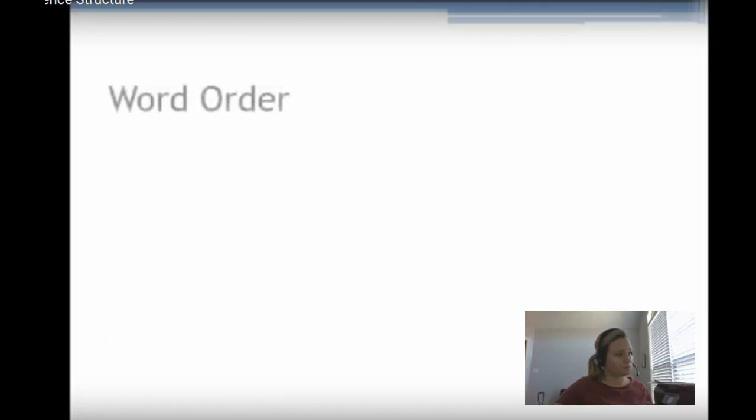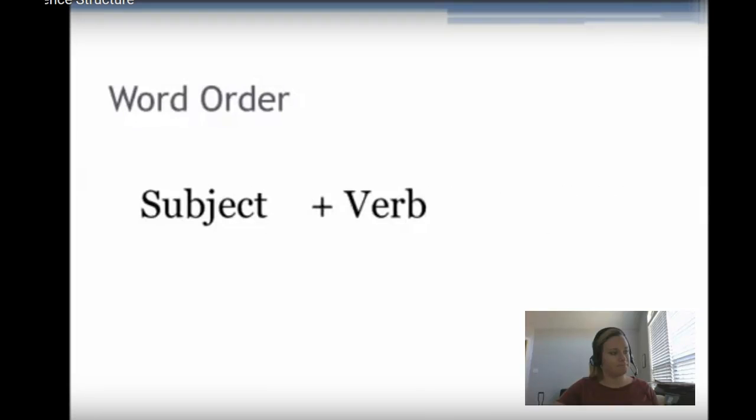In English, word order is very important. The word order is subject, verb, object. We're going to do an activity later today that will show you how our words are important, but the order that we use them is also important.